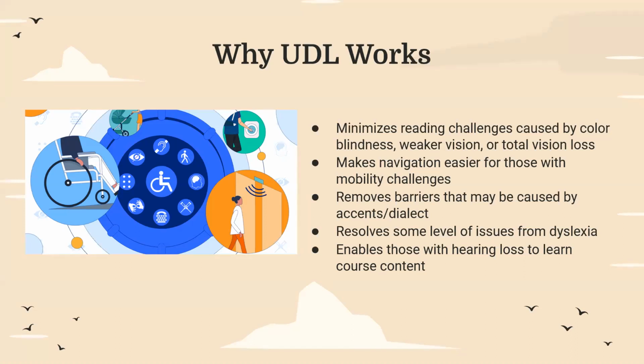It removes barriers that may be caused by accents or dialect. It's something that just happens. We all come from different places. We all have different types of accents, and sometimes those can be hard for other people. And so if we complete that plus one thinking, that includes ourselves. How do we give students one more way to interact with this content that may or may not be including us? So there are some ideas, some thoughts there.